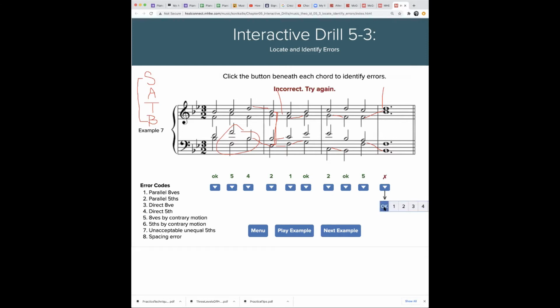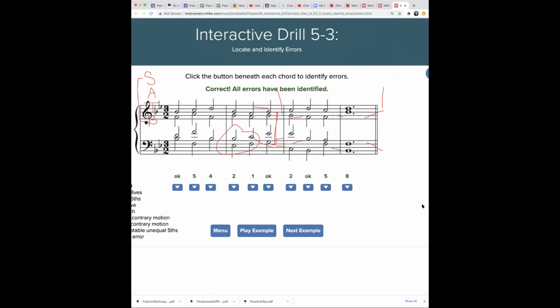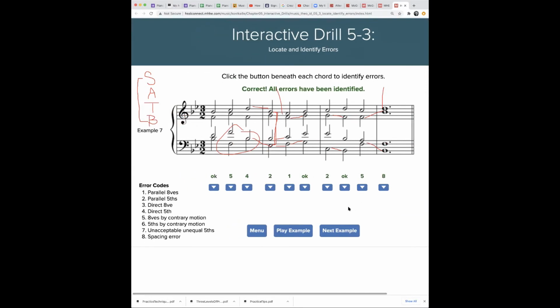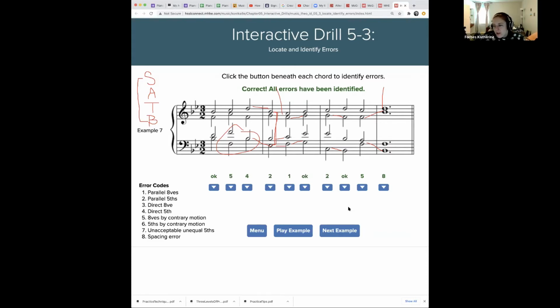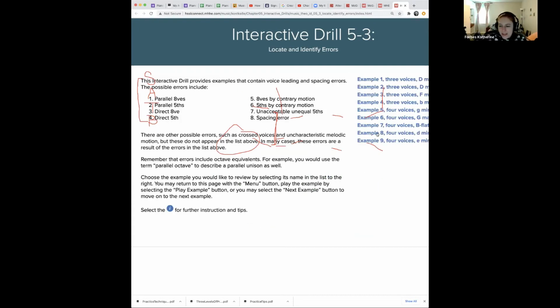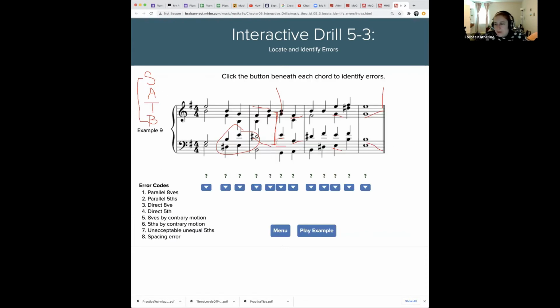What's the problem? Spacing error? Yeah, spacing error. Wait, the book was actually correct. That one's okay, isn't it? Maybe we should go back to the first one to see. Go back to the menu. Yeah, go back to the first one we tried. I think we were probably one off.